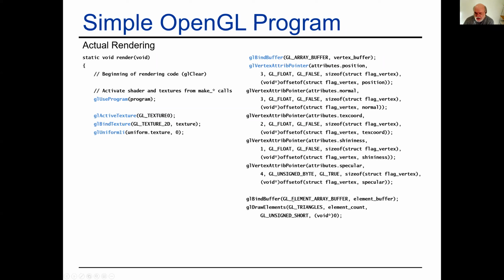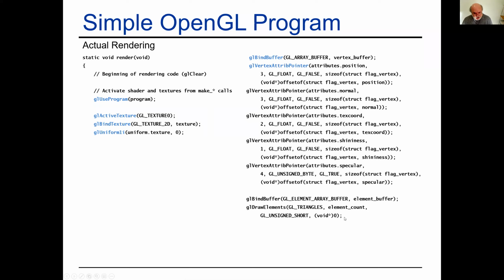So we now have all the attributes set up. We have the index information set up. So now we can actually draw, right? We call glDrawElements. We say these are triangles, so they're individual triangles, each one with its own vertex information. We say how many elements there are, and we say that the index information is unsigned short.